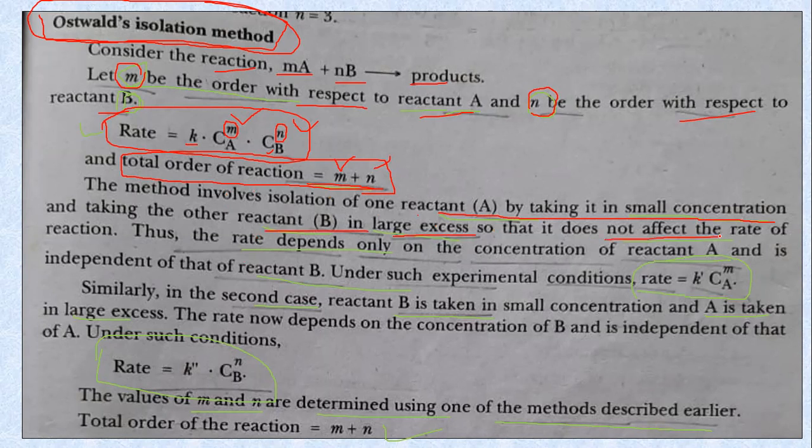So the rate of the reaction will not be affected by the concentration of B, but will depend upon the concentration of reactant A, because its concentration is small and B's is very large. So in that case we can say that rate is equal to k dash into CA raised to m. The rate totally depends on the concentration of A.